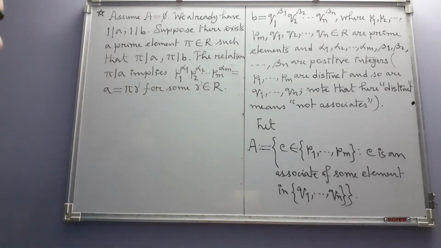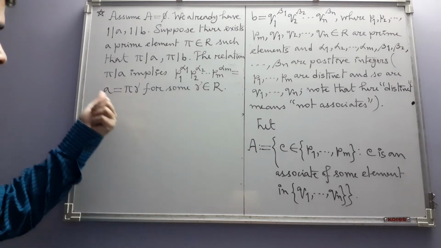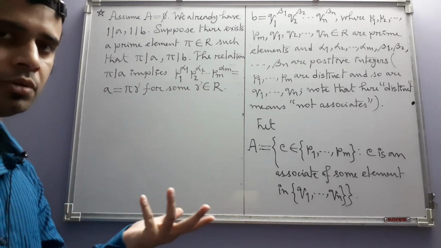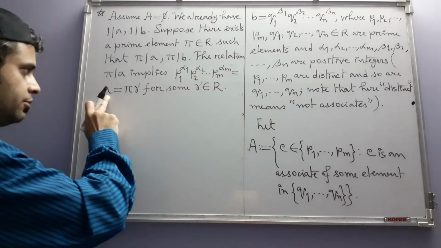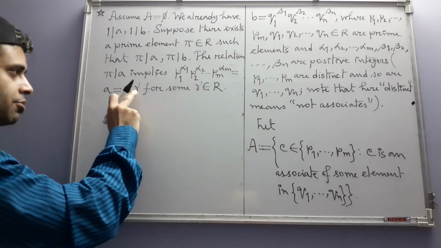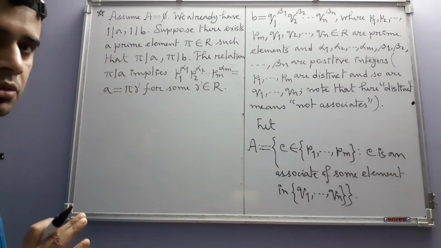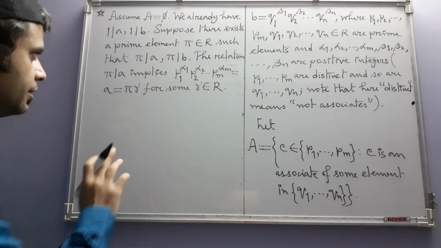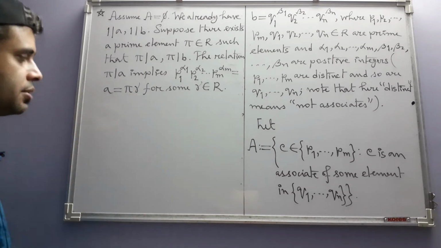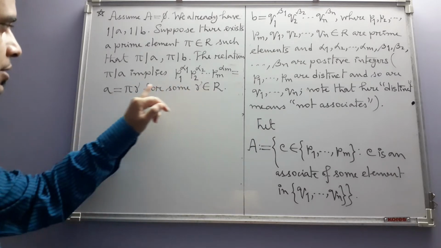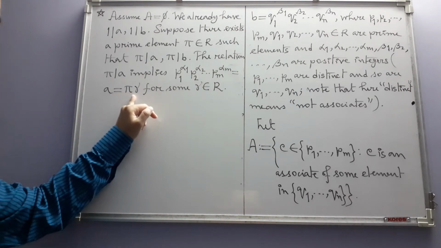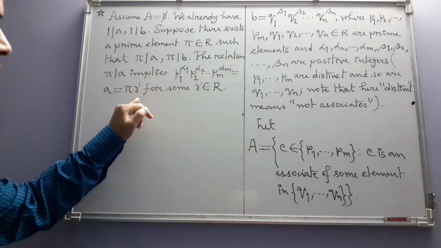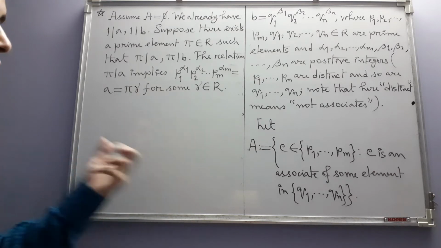Now we have the fact that any factorization of an element in R is unique up to associates. This is the original factorization of a, but from here we will get another factorization. If gamma is 0, then the right hand side will be 0, which will be a contradiction. Why?